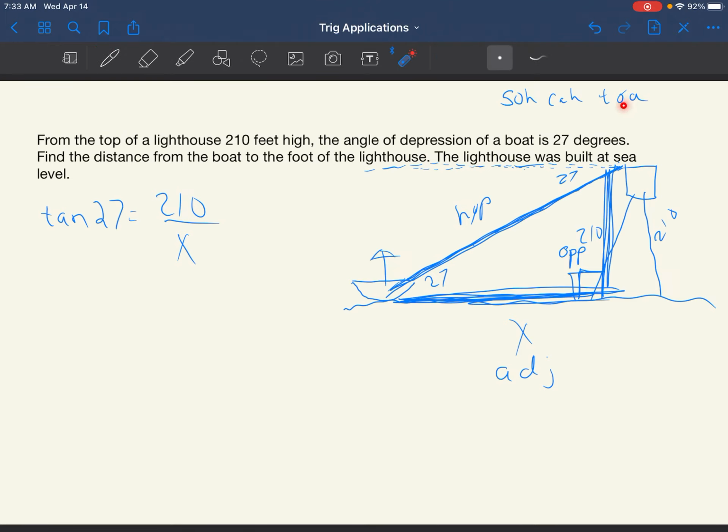Tangent equals opposite over adjacent. Tangent equals opposite, which is 210, over adjacent, which is x. That's where that comes from. Tangent 27 equals 210 divided by x.